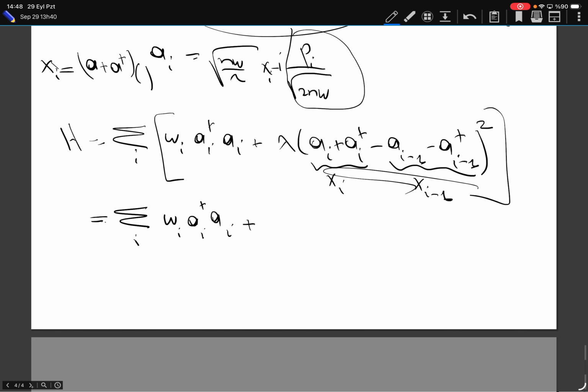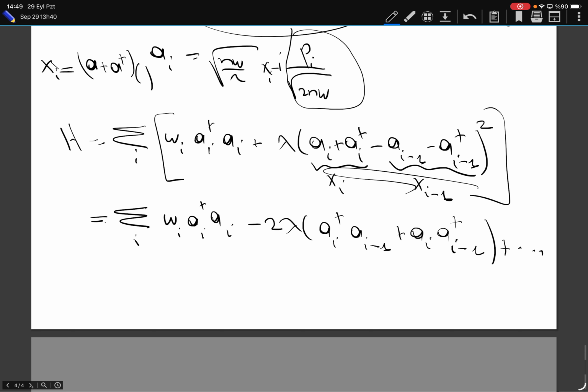So, for example, I have terms of the form minus 2 lambda (a_i dagger a_{i-1} plus a_{i-1} dagger). I have many terms, but these are just two of them.